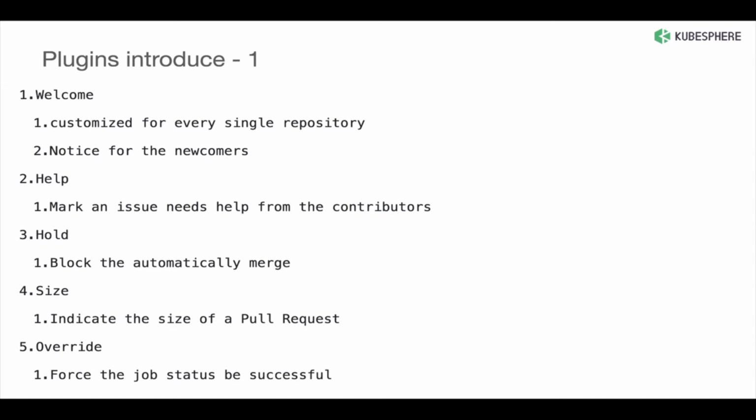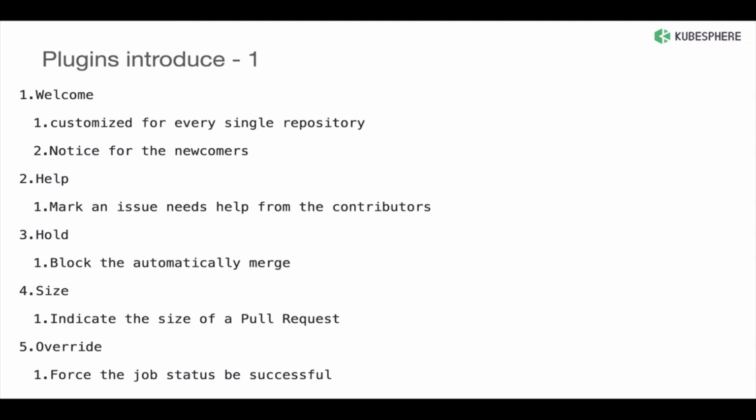Hold. Normally, we hope our pull requests can be merged automatically, but in some conditions, we don't want that. For example, I might need more manual tests, so I just type the /hold command.